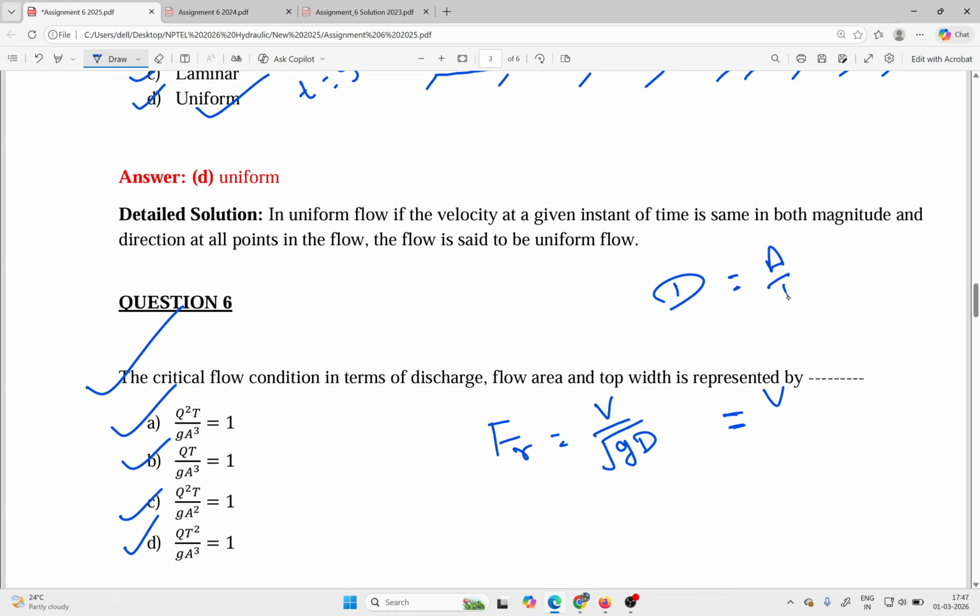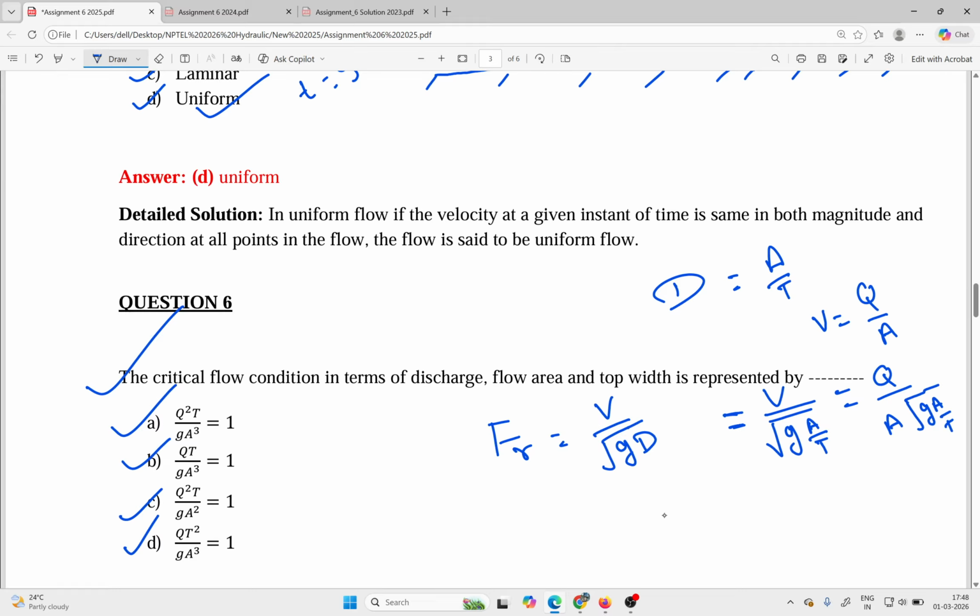A by top width. So here you can write g A by T. Now what is velocity? Velocity is nothing but discharge by area. So you can replace your velocity in terms of discharge: Q by A, over root of g A by T.